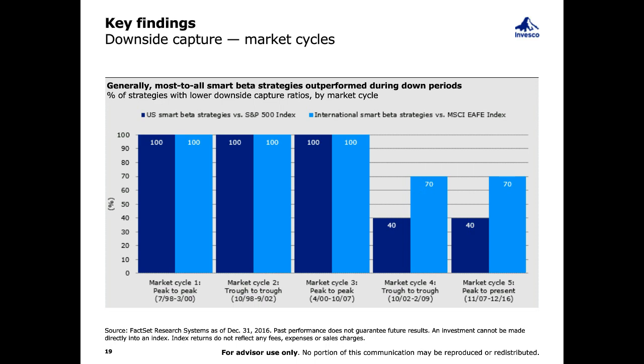As depicted in this chart, we found that most to all U.S. smart beta strategies exhibited lower downside capture ratios than the S&P 500 in 3 of the 5 market cycles. And most to all international smart beta strategies had lower downside capture than the MSCI EAFE index during all of the market cycles.